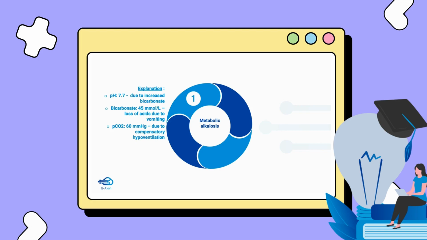Chloride responsive metabolic alkalosis is mainly due to loss of hydrogen ions. The principal causes are the loss of gastric secretions, ingestion of large doses of non-absorbable antacids, and use of thiazide or loop diuretics.